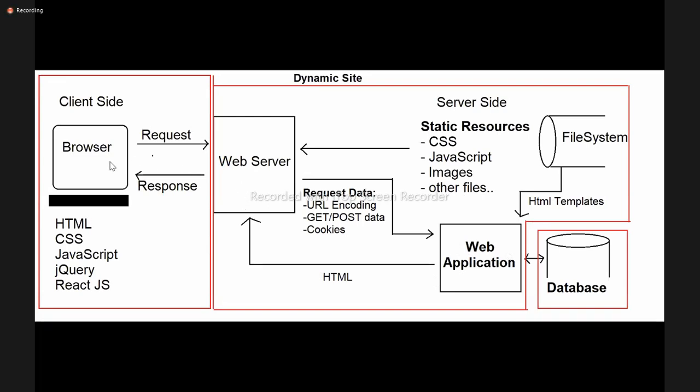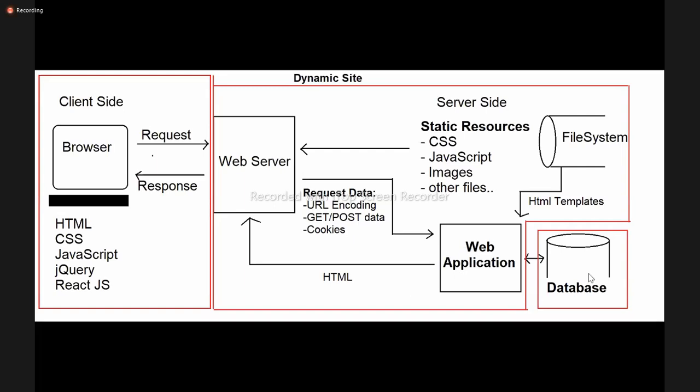And on the client side, we will use React. On the client side, we will use React to communicate with the server side application. Client side React app communicates with server side application. And server side application is going to communicate with the database. This is the basic architecture, right? This we are going to implement now. This we are going to handle, right? Let's see how we can do this.